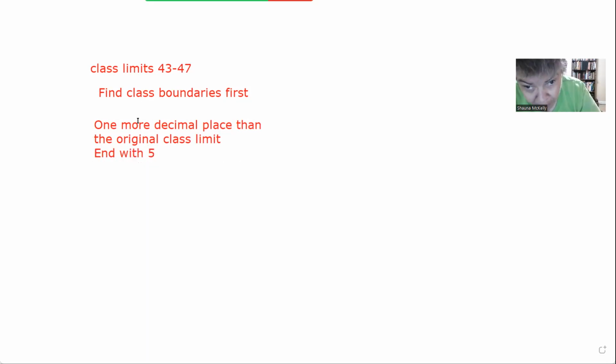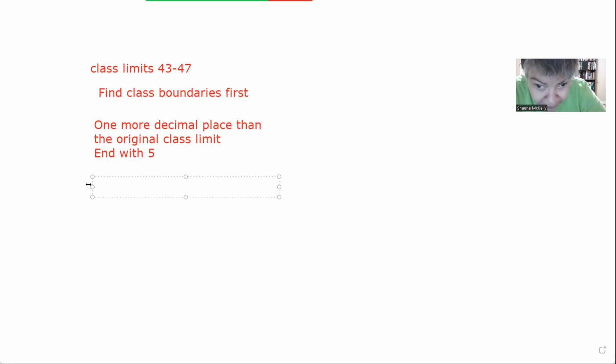Now, let me show you what I mean by that. 43 is what we call the lower class limit because it's smaller than 47. 47 is the upper class limit. So we want it to have one more decimal place.